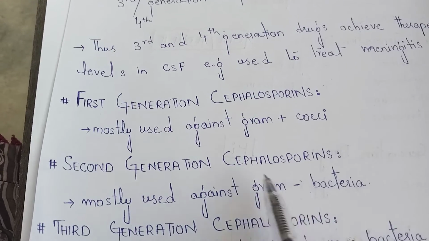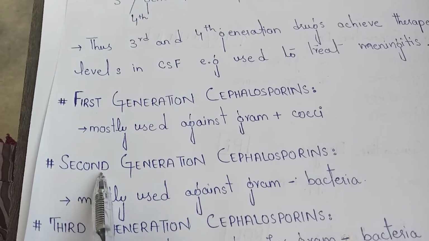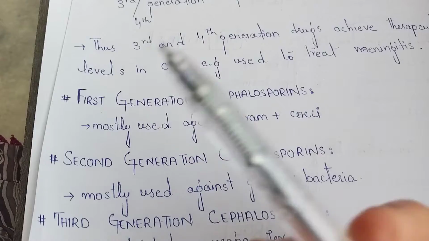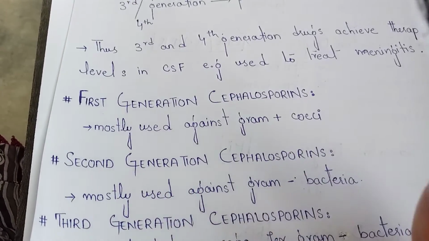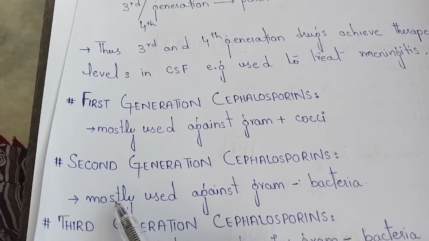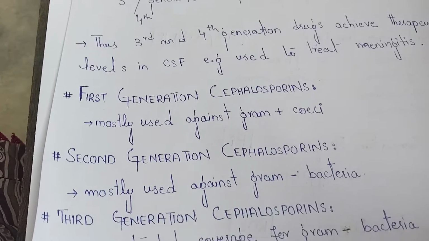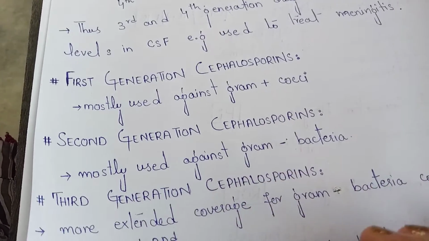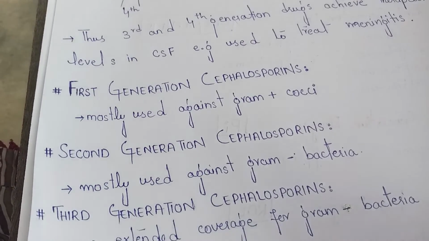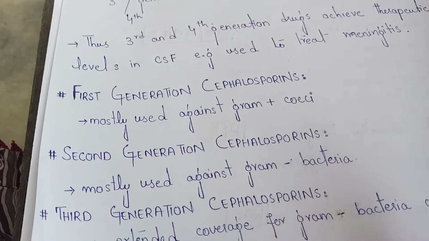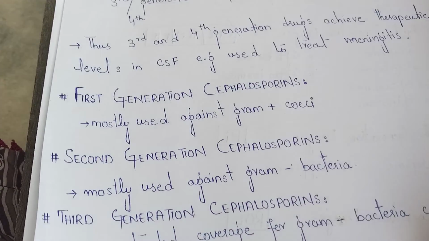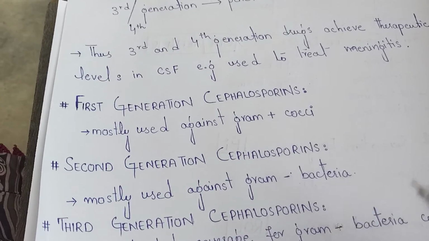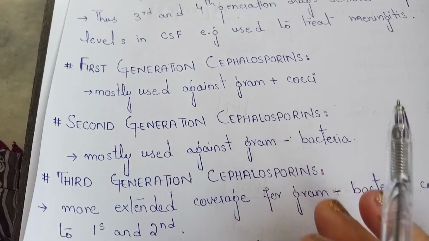Negative starts from N and there is a presence of an alphabet N in the second. So ultimately you can directly come to the point that the second generation cephalosporin are mostly used against gram-negative bacteria. I will discuss the different gram-positive and gram-negative bacteria through some tricks in my later video, inshallah.